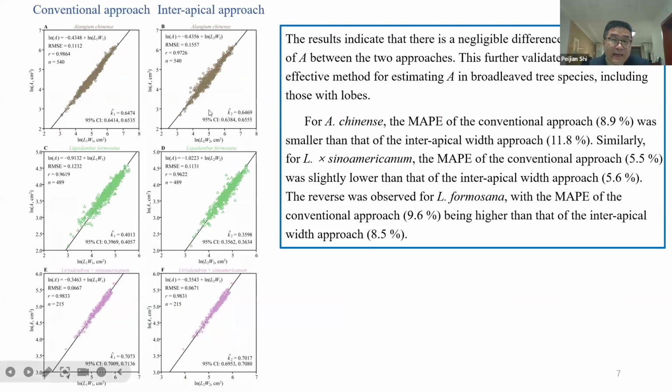We found that there was a negligible difference in the goodness of fit between the two approaches.